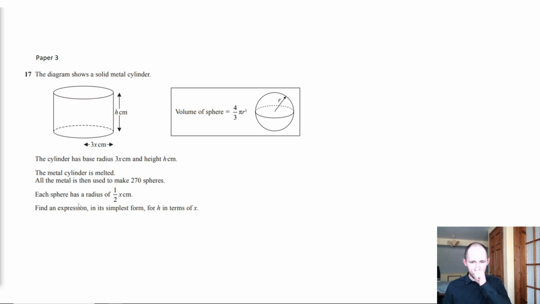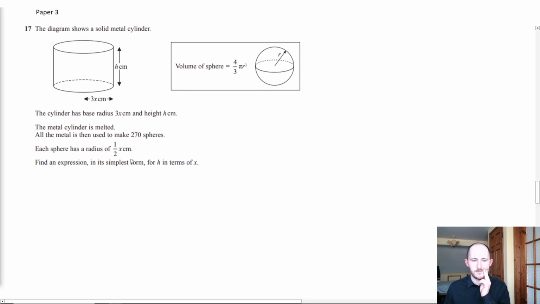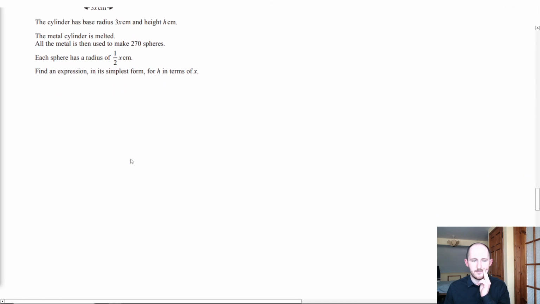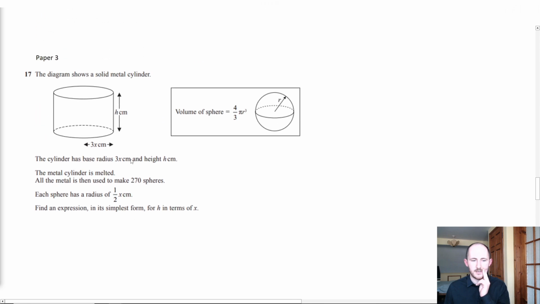We need to find an expression for h in terms of x. Would anyone want me to do this, or is this okay?